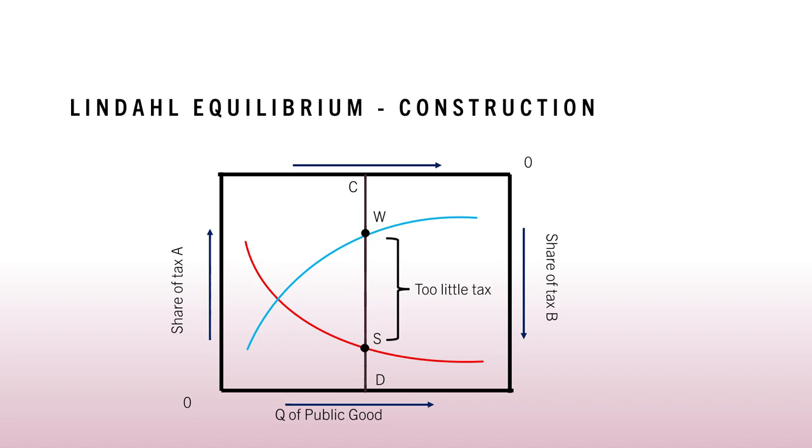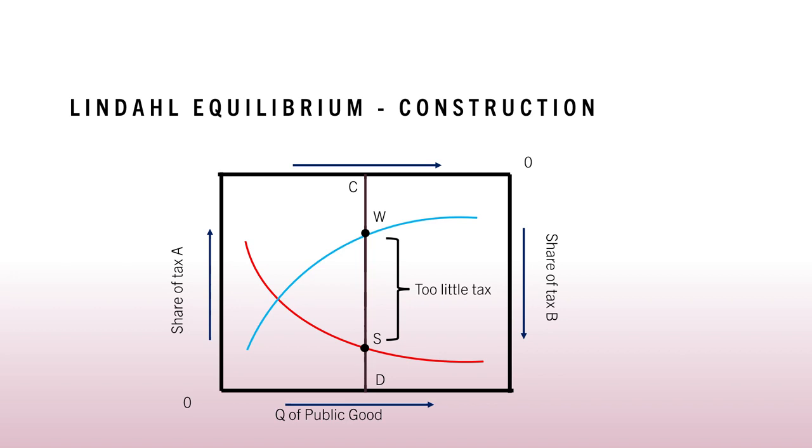On slide number 7, we see that the government has increased the quantity of public goods being offered to the general public because of the excess tax that we saw in slide number 6. Now, because the government has increased the quantity of public goods, we see that this time consumer A is paying DS tax and consumer B is paying CW tax.